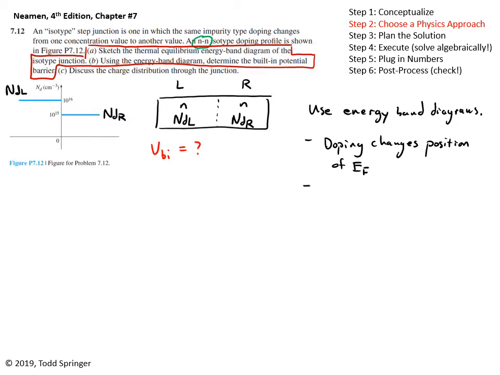We know that for N-type material, EF goes up. Fermi energy is increased as the doping goes up.